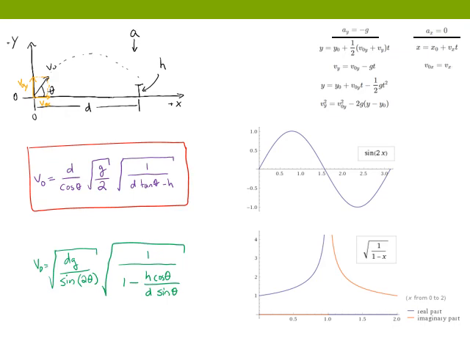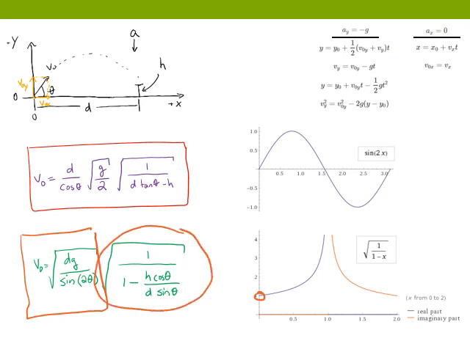And you can see, first of all, the smallest this can ever be is 1. So the smallest my velocity can ever be is this front term, with this back term becoming 1. If I increase my height at all, I have to increase my velocity with it.